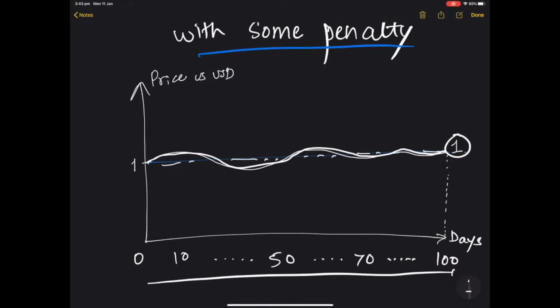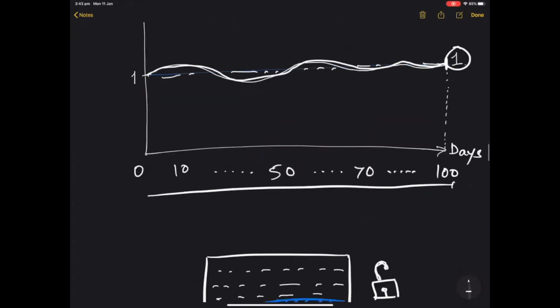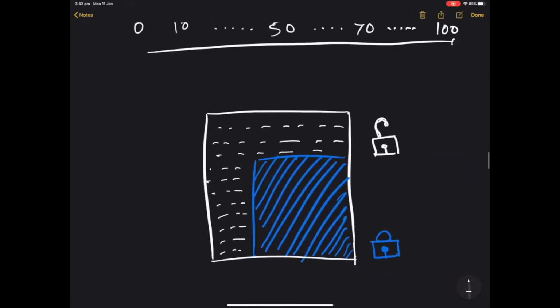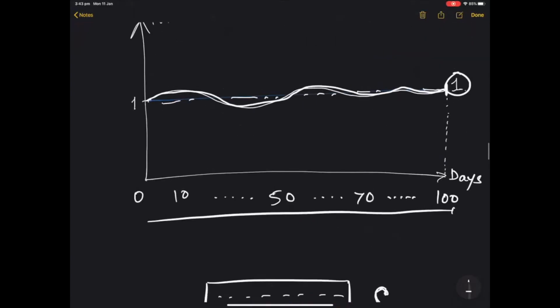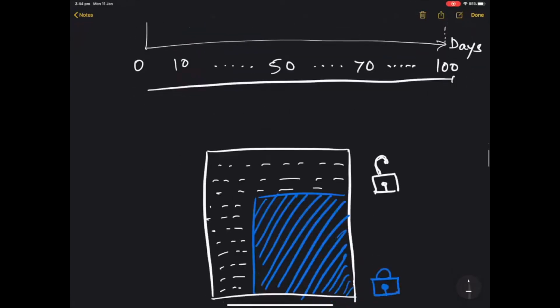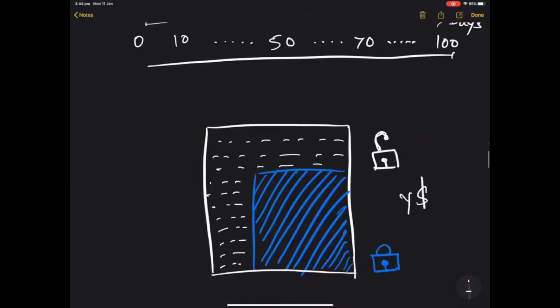And generally, it traces it very closely. It can be a little bit higher or a little bit lower, but on the day of the expiry, the yDollar effectively reaches the price of $1. The price is fixed. It's no longer trying to trace it.